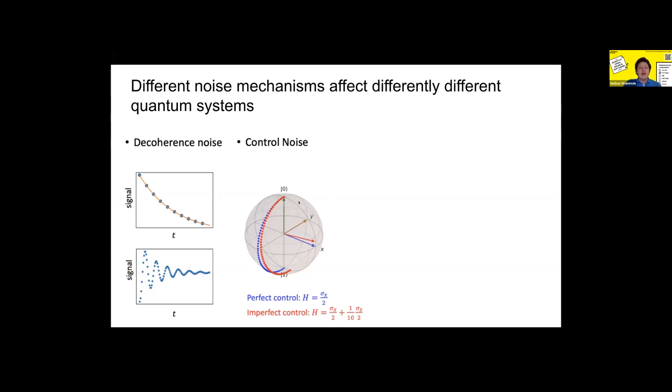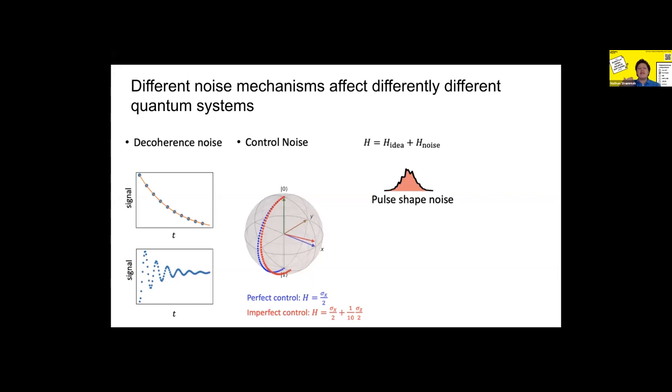And here you see a Bloch sphere representation in which there is a sigma x rotation. With perfect control, you see the left trajectory, but with imperfect control, there is a slightly different trajectory that the qubit undergoes in the Bloch sphere. This is due to the fact that sometimes there could be some spurious Hamiltonian that is applied when we apply the control Hamiltonian.